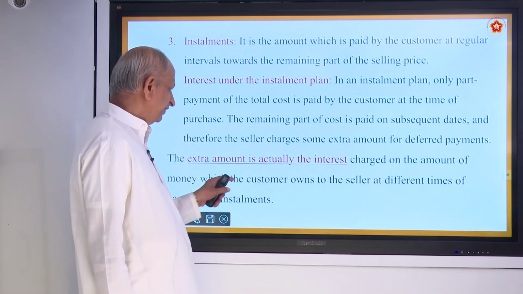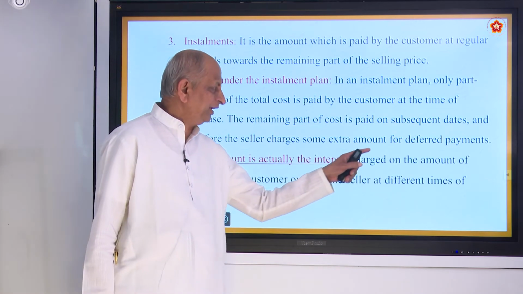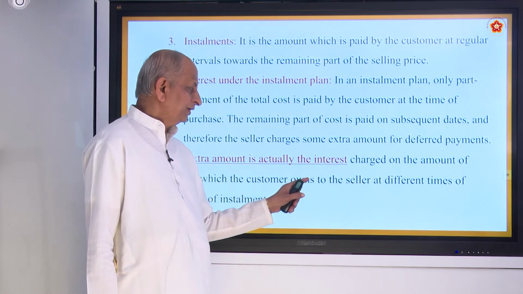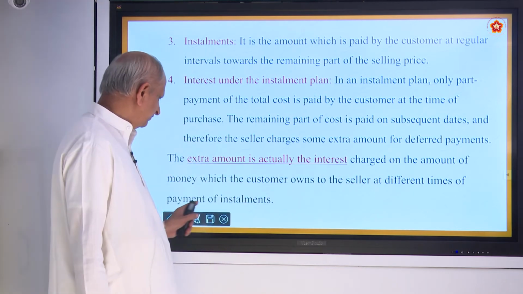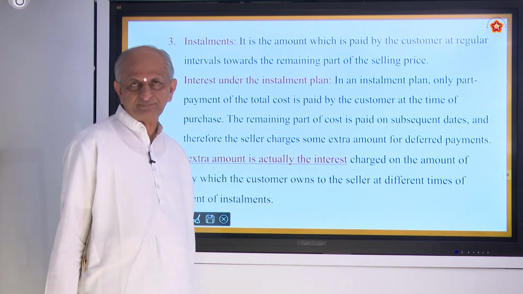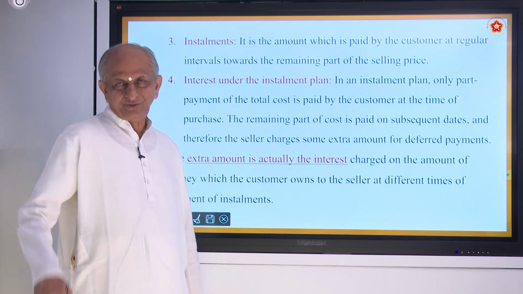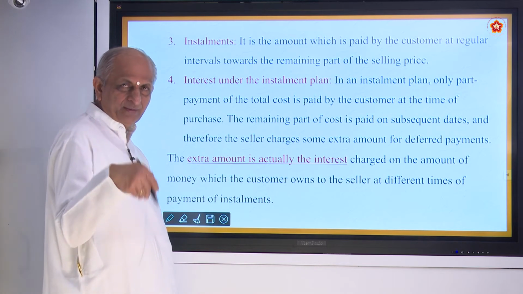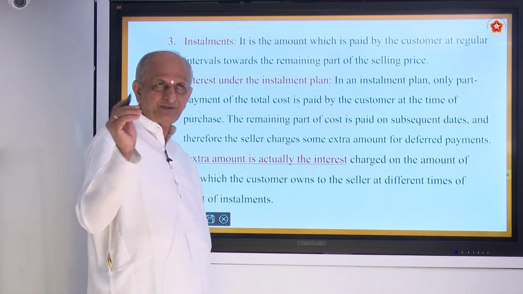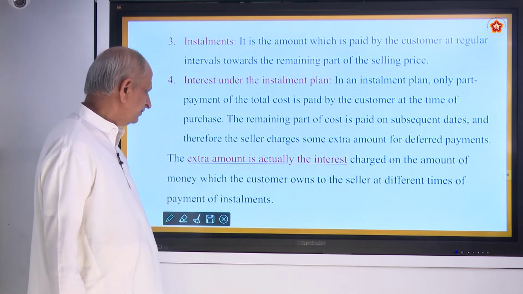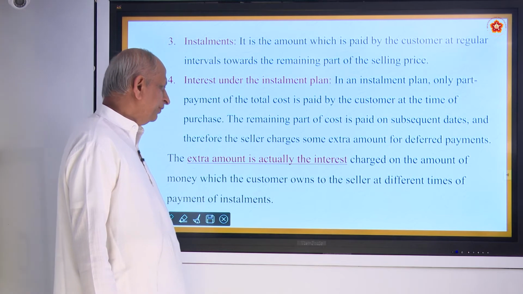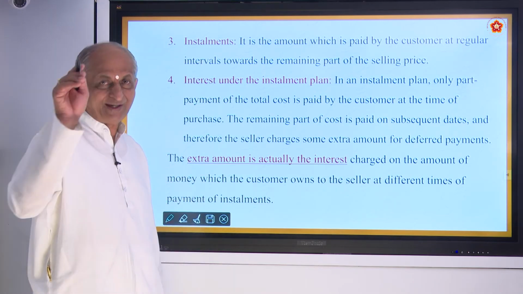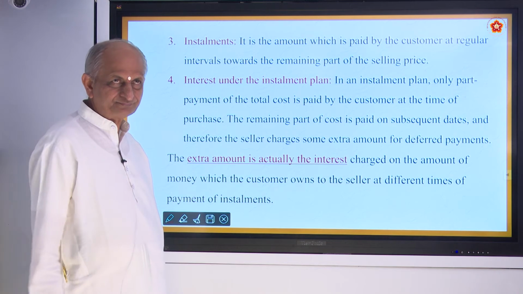The total amount is actually the interest charged on the amount of money which the customer owes to the seller at different times of payment of installments. Quarterly means once in 3 months you have to pay. Semi-annually means once in 6 months, like that. The extra amount will also be charged, and of course there will be an agreement for that.